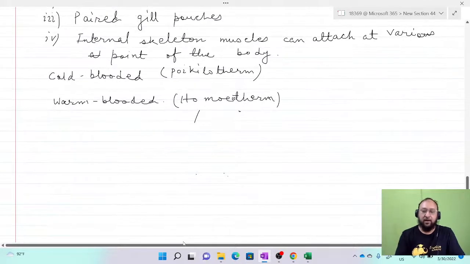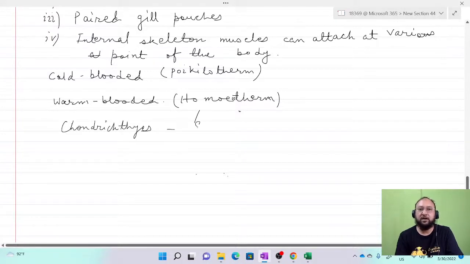Now we see, in case of fishes, like we have chondrichthyes. These are the cartilaginous fish, and an example is shark. They have a skeleton that is cartilaginous.